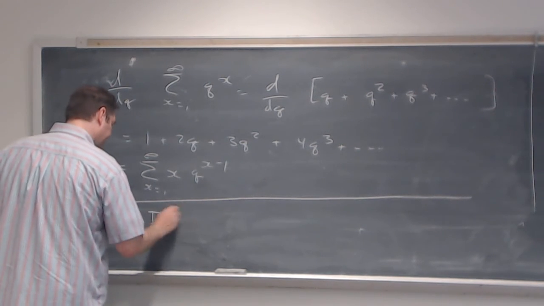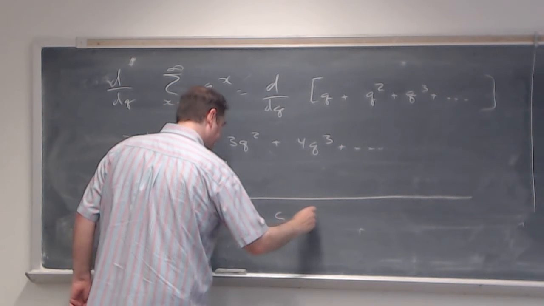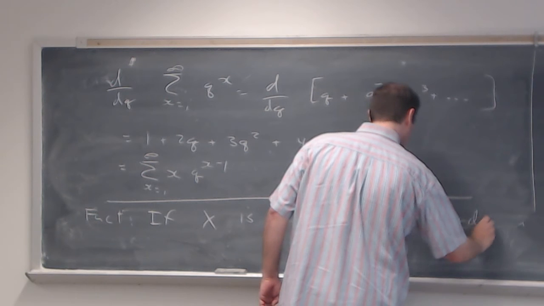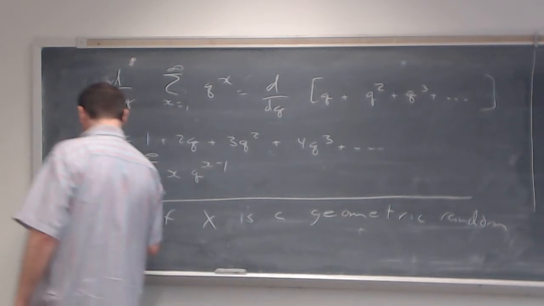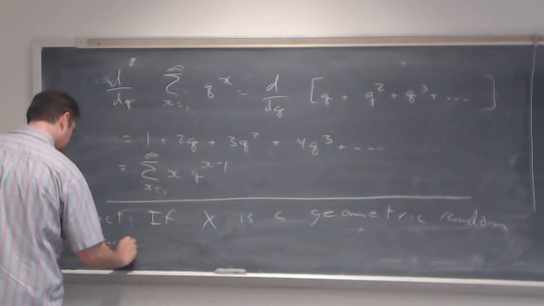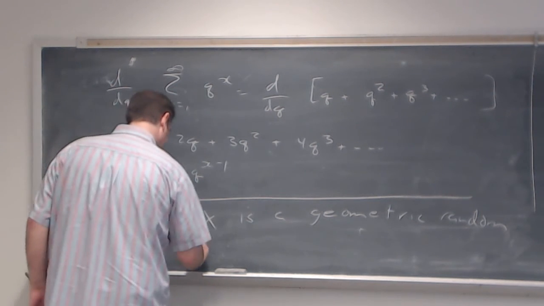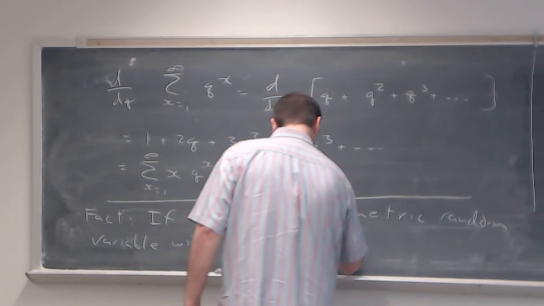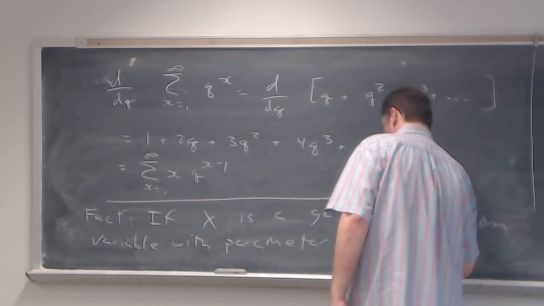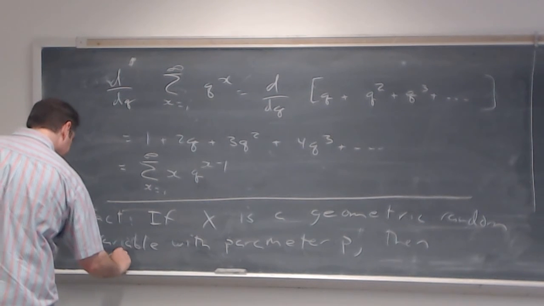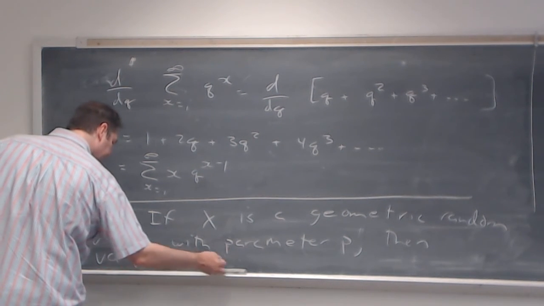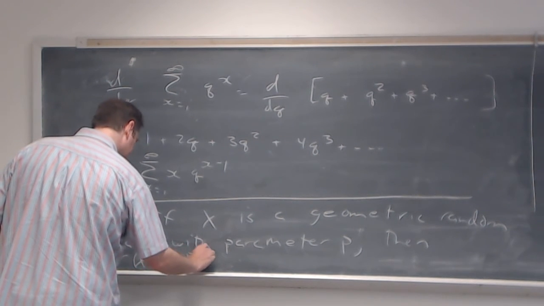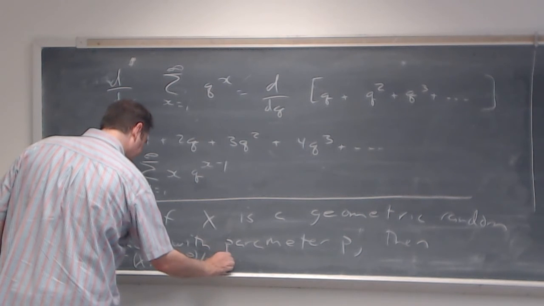That is, if x is a geometric random variable with parameter p, then the variance of x, I believe, is equal to 1 minus p over the quantity p squared.